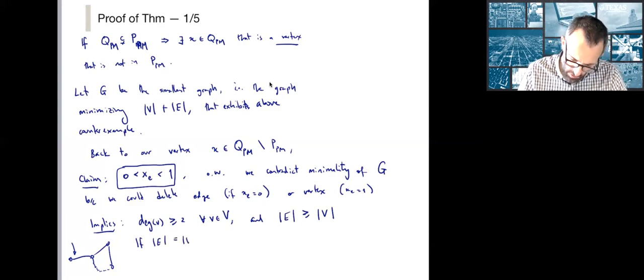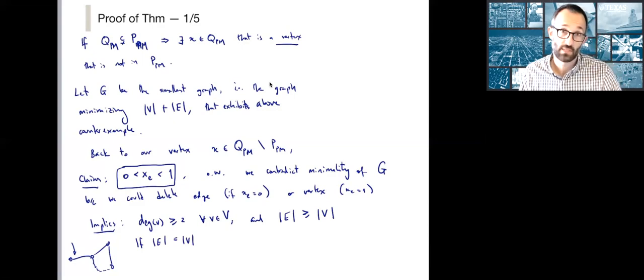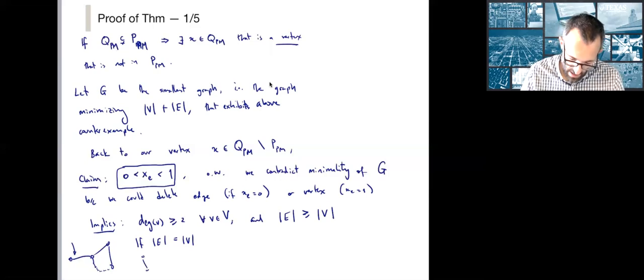Because if the number of edges is equal to the number of vertices, what does that mean? Think about what kind of graphs have that property. Well, it's only going to be a graph that has a cycle. We can't have any situation like this. Here I have 3 edges and 4 vertices.